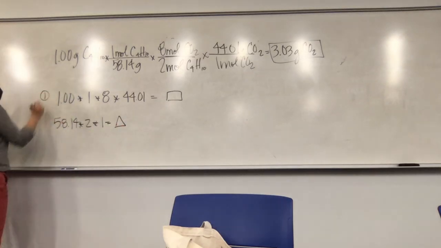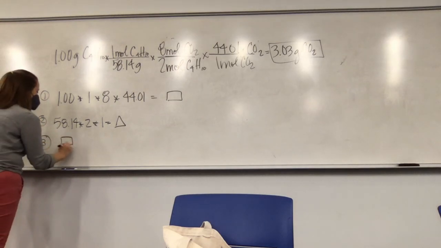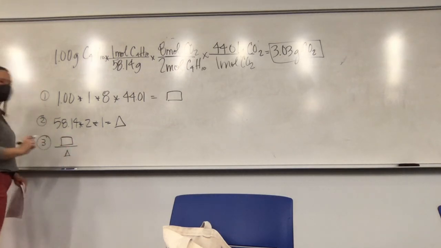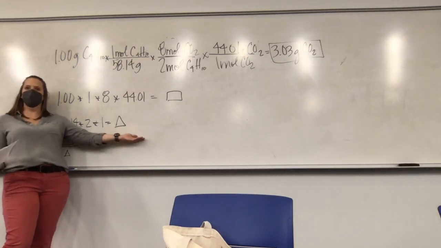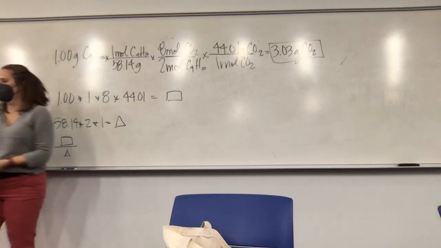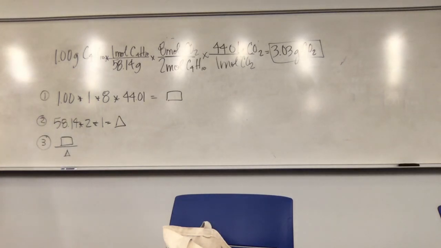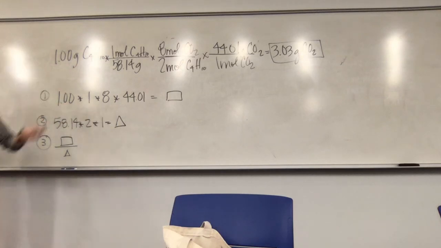So this will be step 1, step 2, step 3 is to take the square and divide it by the triangle. I did not plug these into my calculator, so I cannot tell you what those answers are. If you're interested, I will obviously do that real fast. But what I'm trying to show you is that there are different ways for you to use this equation to get that answer. You could do this way, or you could just plug it in however you like.